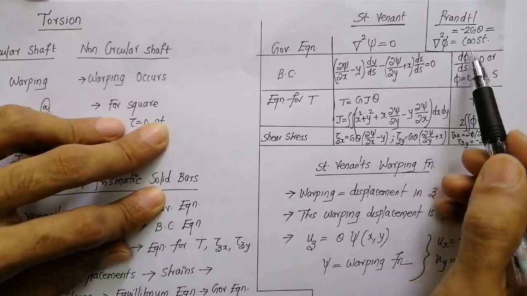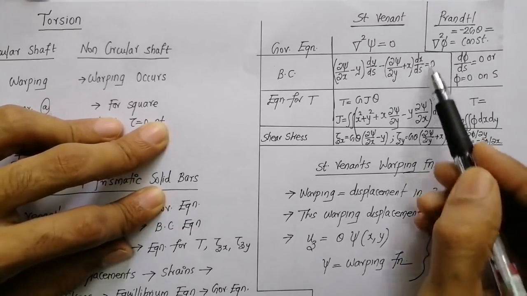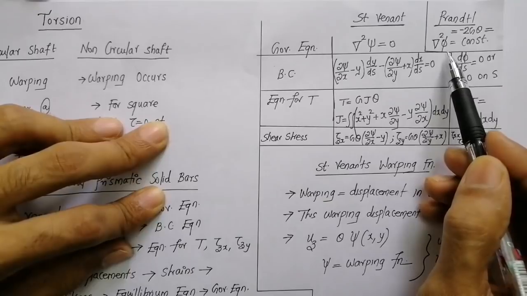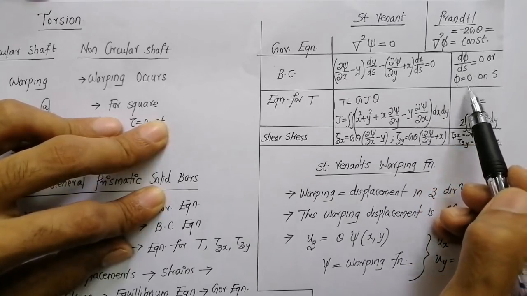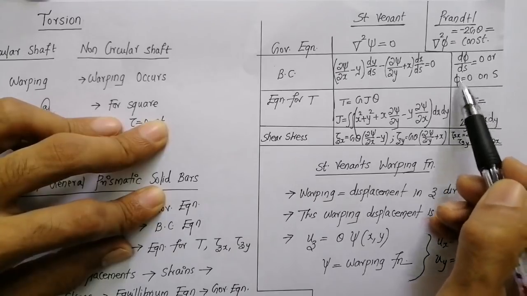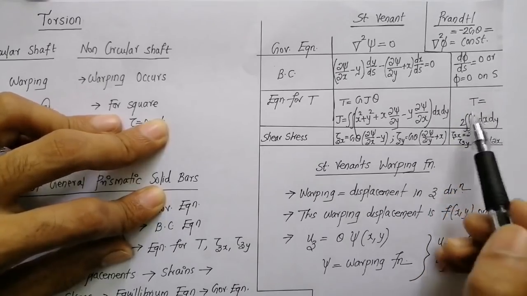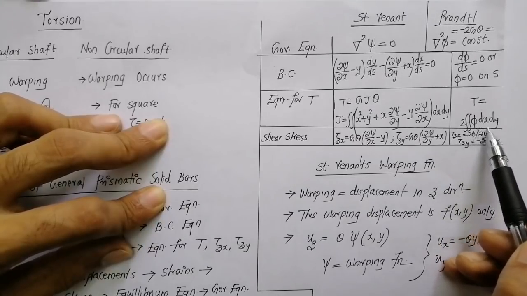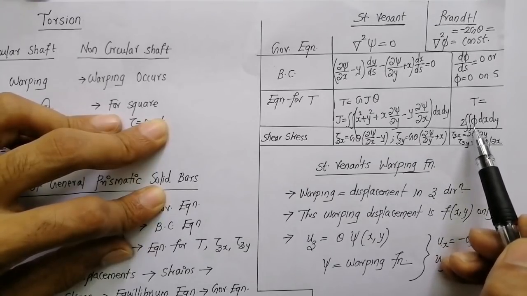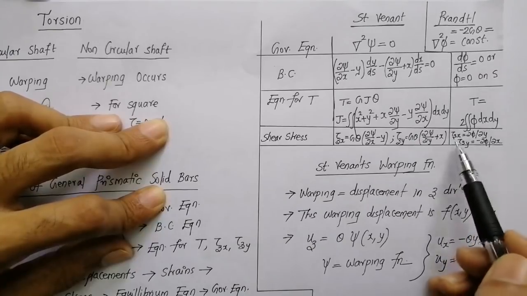So before proceeding to the Prandtl's problem, you need to know the basics, that is the governing equation is del square phi is equal to minus 2G theta and the boundary condition is phi equal to 0 on the boundary. And the equation for torque T is equal to 2 into double integral phi dx dy. What is phi? Phi is called the Prandtl's function. What is tau zx?